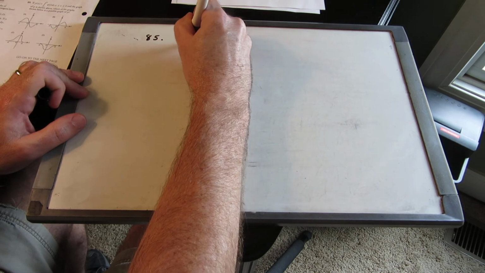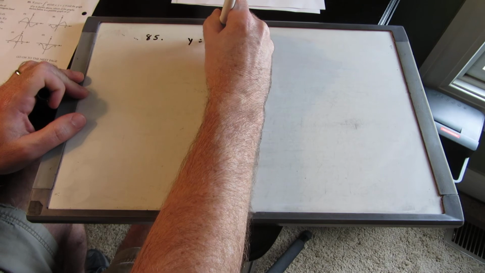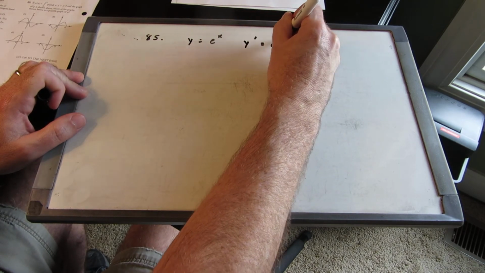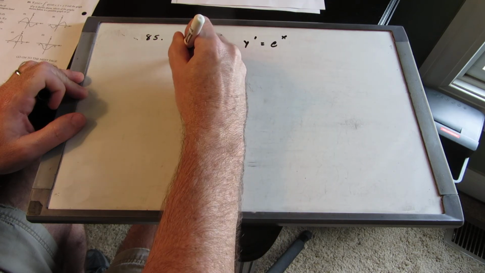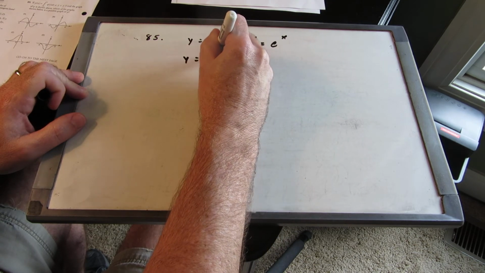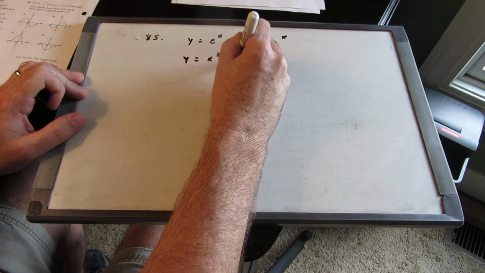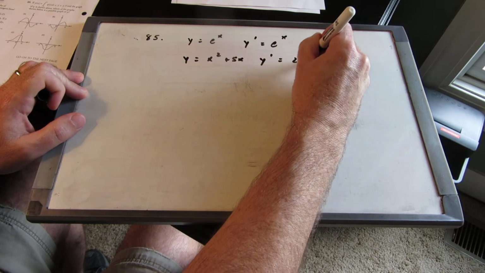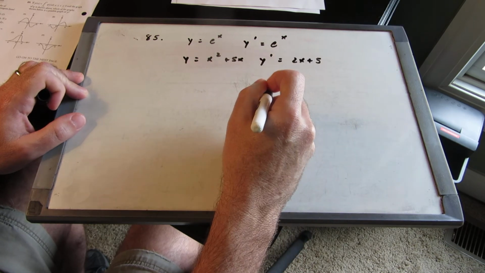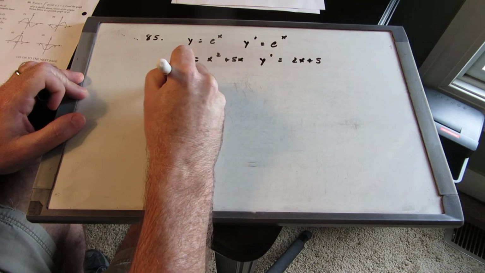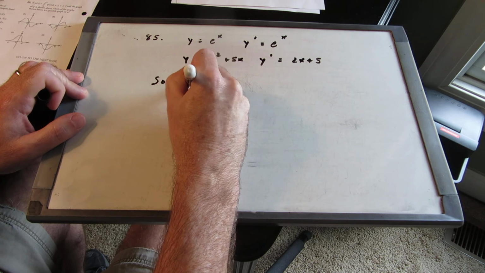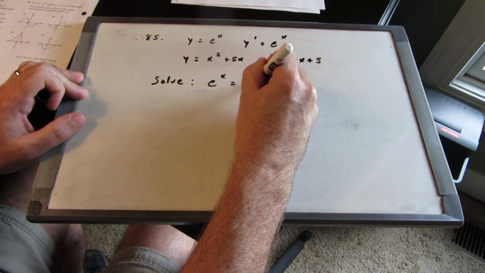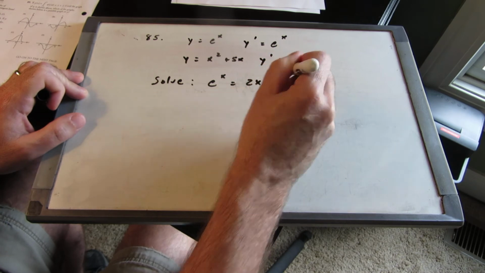So if y is equal to e to the x, y prime is just going to be e to the x. And for the second one, y is equal to x squared plus 5x, y prime is going to be 2x plus 5. So in your calculator, just go to the solve function and set those two derivatives equal to each other: e to the x is equal to 2x plus 5.